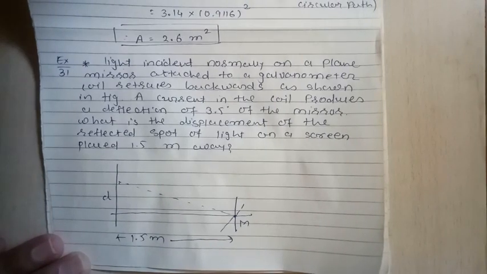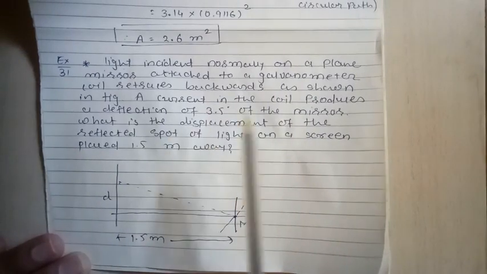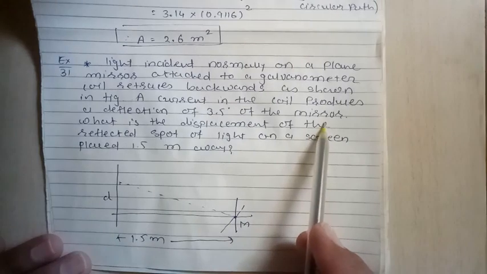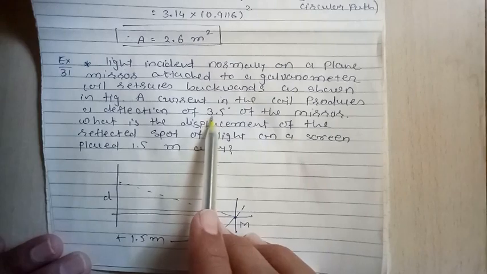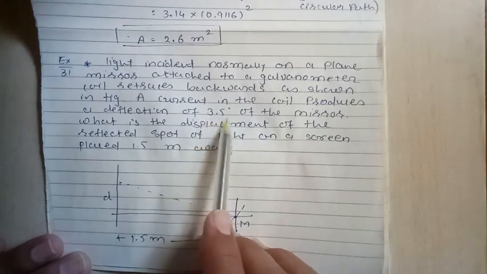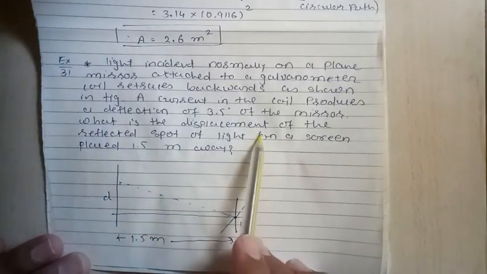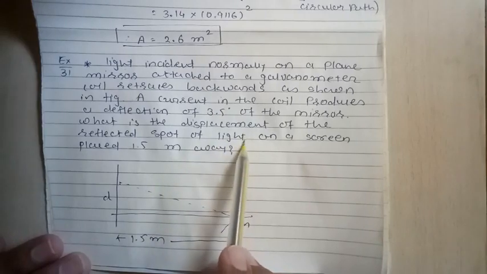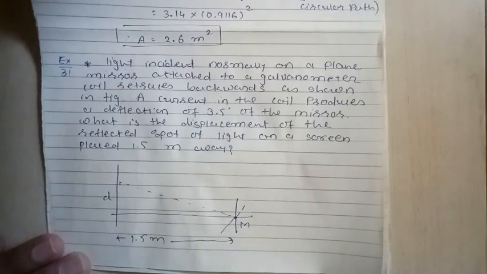A current in the coil produced a deflection of 3.5 degree of the mirror. What is the displacement of the reflected spot of light on a screen placed 1.5 meter away?